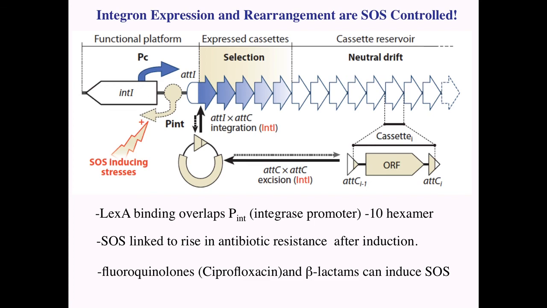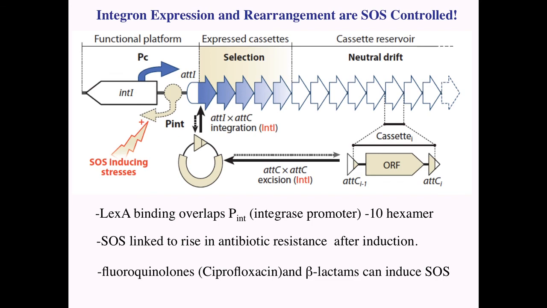So in this particular case, this cassette down here, which has probably been undergoing neutral genetic drift because it hasn't been expressed for perhaps thousands of years, maybe has a function now that's novel, or maybe it still has its original function. But at some frequency, each one of these genes down here has the ability to be excised, circularized, and then reinserted at the head of the line.